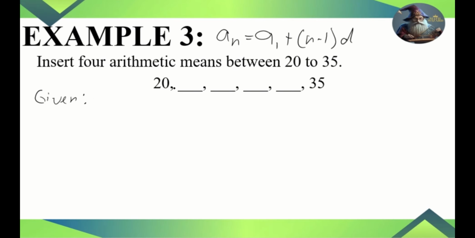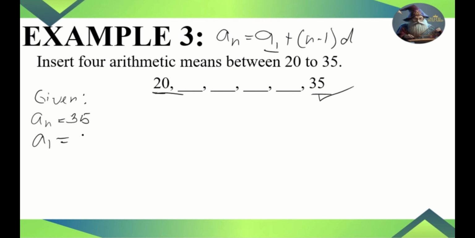Remember, meron tayong given. Ito yung 20 and 35. Okay, so a sub n is equal to 35. A sub n is always the last term, so that is 35. Okay, and then a sub 1, what is a sub 1?